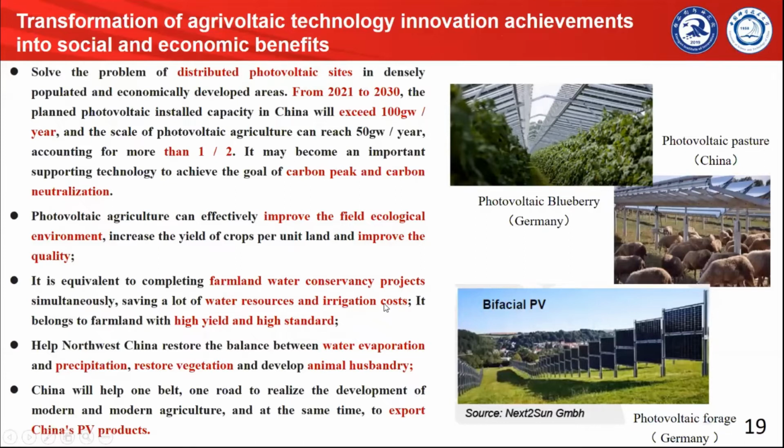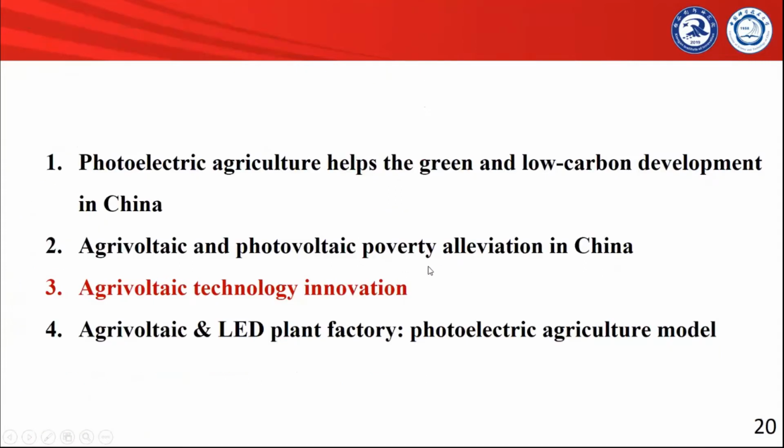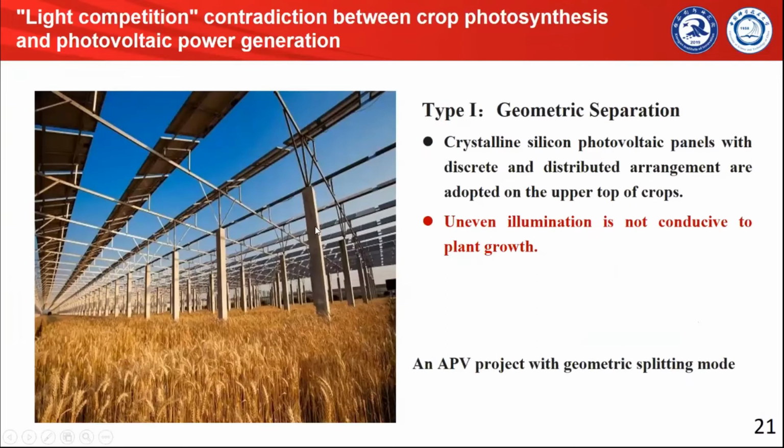One more thing I'd like to say: for areas short of water, if you use APV combined with agriculture, water evaporation can be reduced a lot, so it's a benefit for agriculture. But in reality, generally speaking, plants do not grow very well under the solar panel, because of the shadow effect.